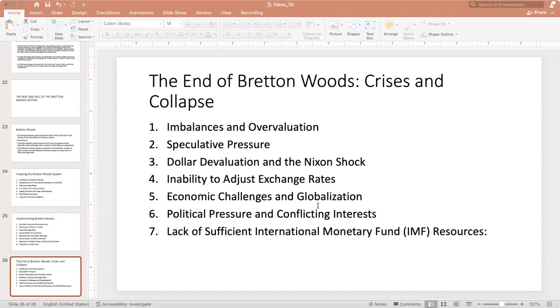And even though at the beginning of the Bretton Woods there was the creation of the International Monetary Fund, there was a lack of sufficient resources for the IMF. Why?